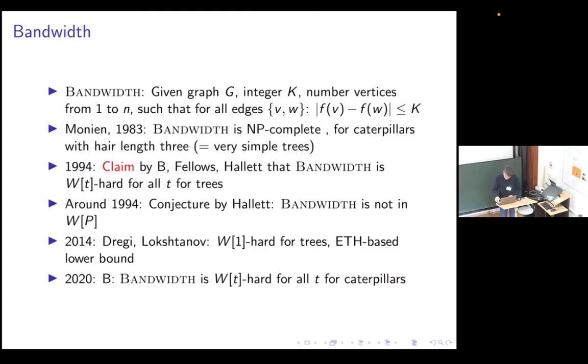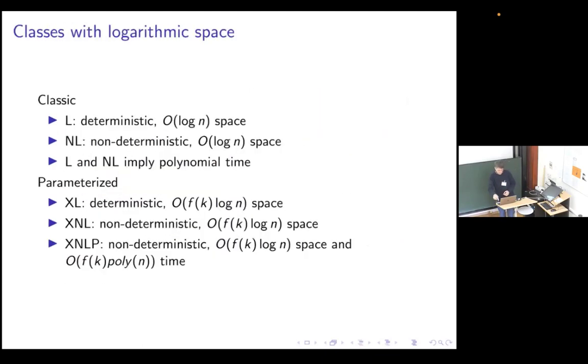So, let's see. Then we go to the insights. It's actually complete for this class, which we call XNLP. If you go to classic complexity theory, there is this class called L, which are problems you can solve with a deterministic algorithm with log n space.